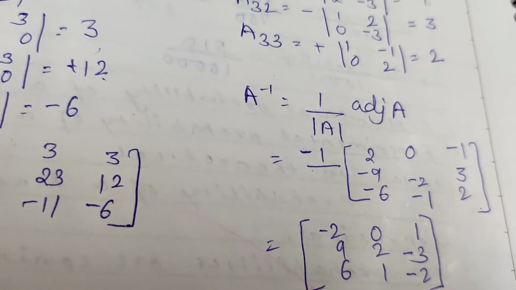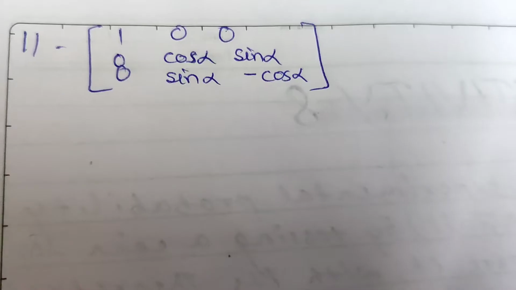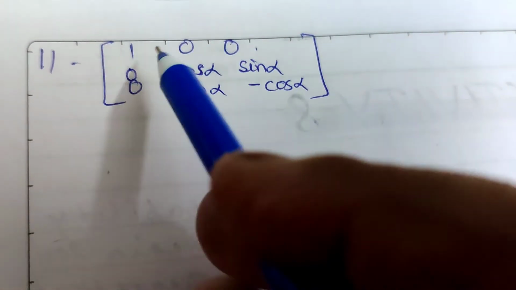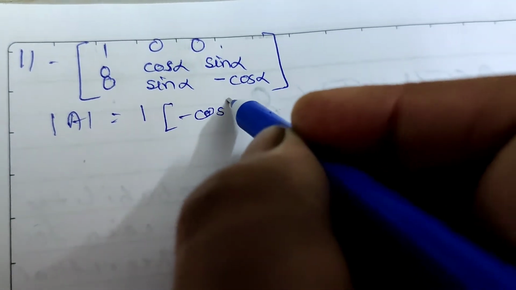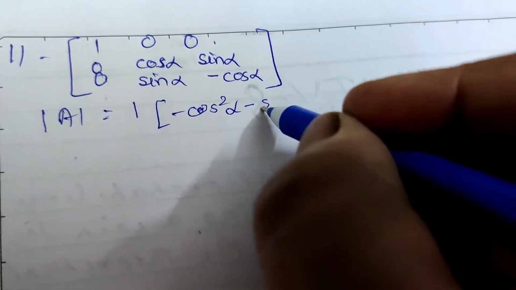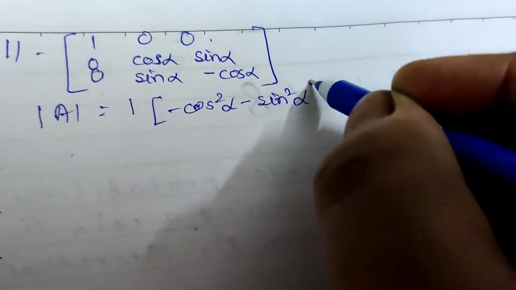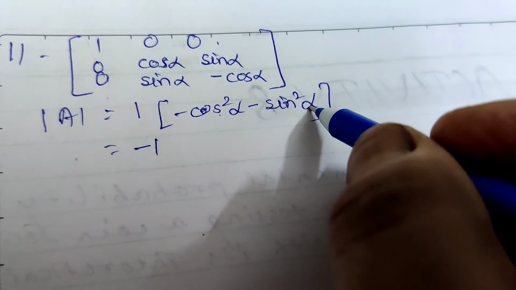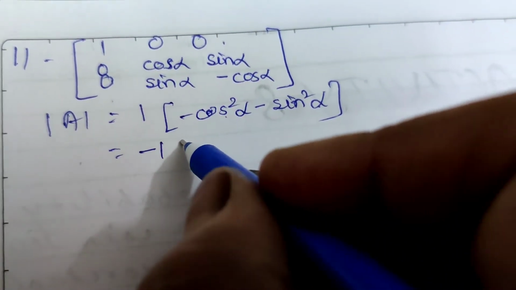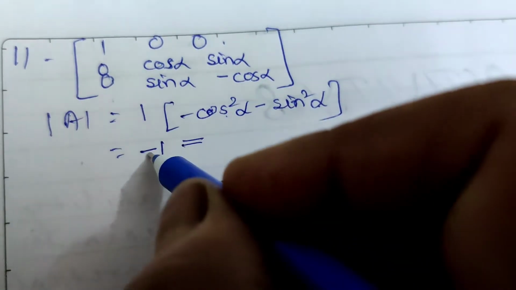Question number 11. The matrix is 1 0 0 0 0 and this. Find the determinant. It is 1 minus cos square alpha minus sin square alpha. Take minus 1 common and sin square alpha plus cos square alpha equal to 1. The value of determinant A is minus 1.